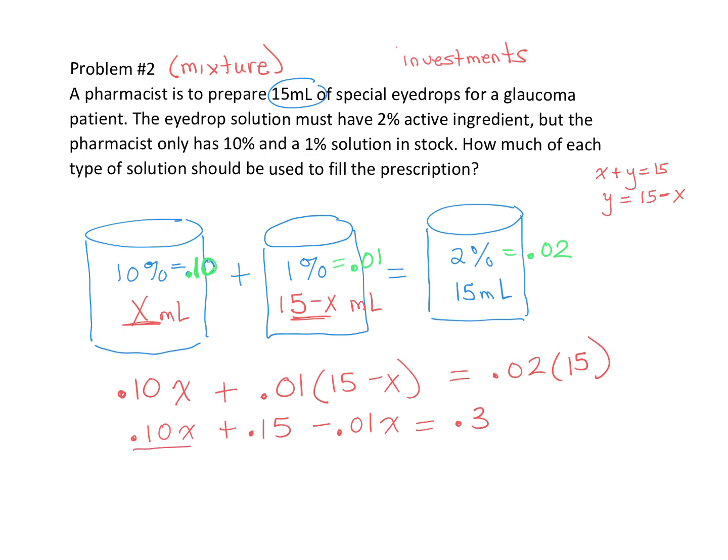Adding like terms, we get 0.10x minus 0.01x, or 0.09x. If I take 0.3 and I subtract 0.15, I'll get 0.15.